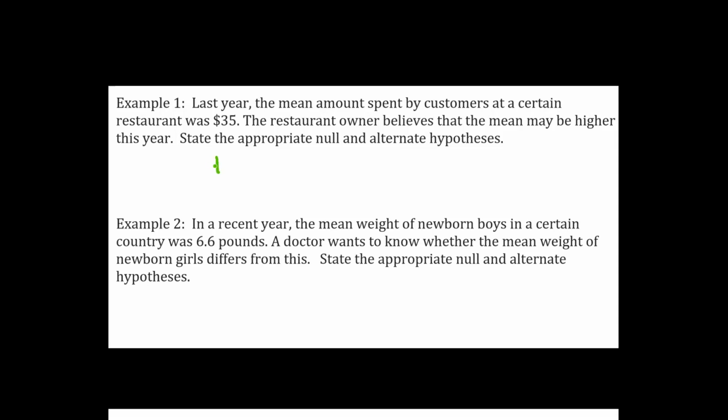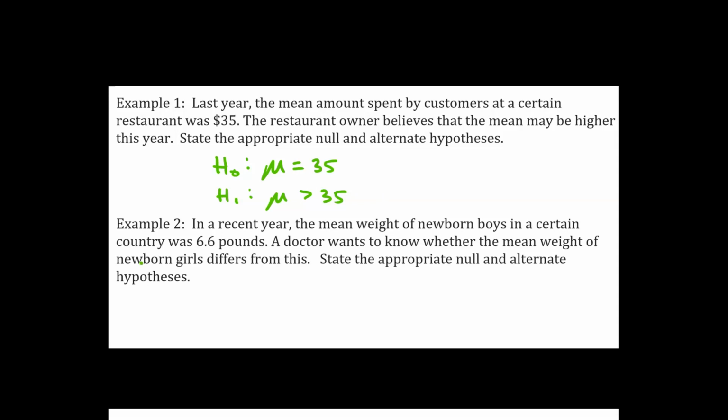But the null hypothesis is the one that suggests no change. And so the null hypothesis is that the mean is still going to be 35. The alternate hypothesis, that is our researcher's hypothesis, that would be the mean is greater than 35. And so going back to what we were just looking at, this would be called a right-tailed hypothesis test.